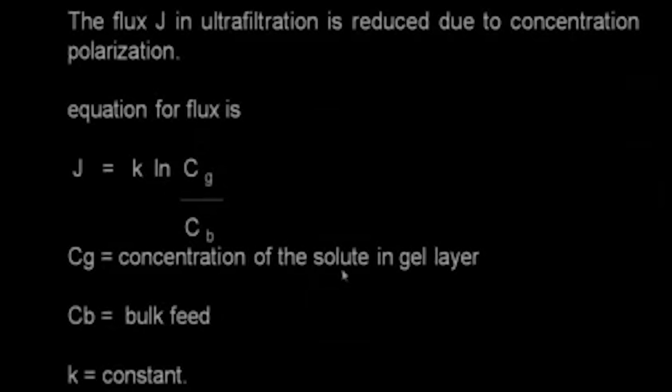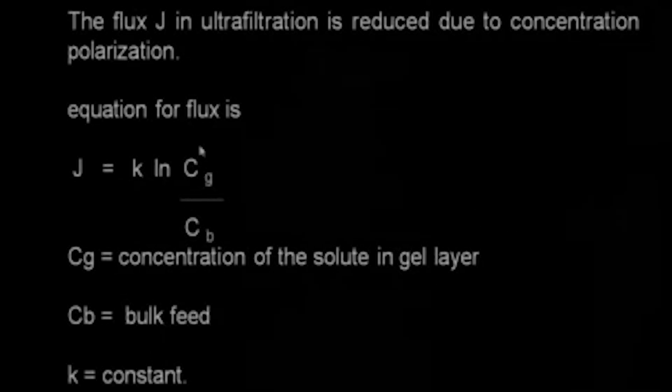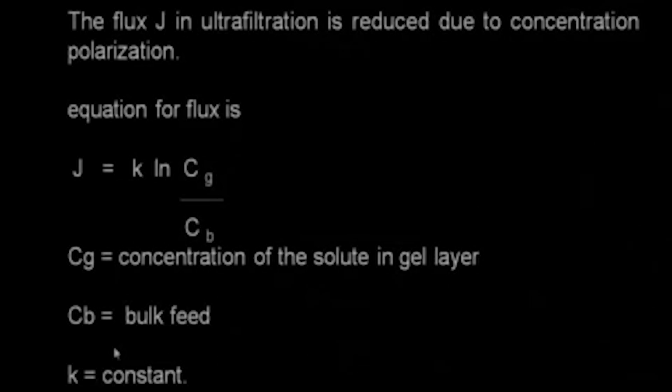Cg is the concentration of the solute closer to the upstream of the membrane surface, or the gel layer. Cb is your bulk, so Cg will be much higher than Cb because of the build up of solute near the upstream surface of the membrane, understand.